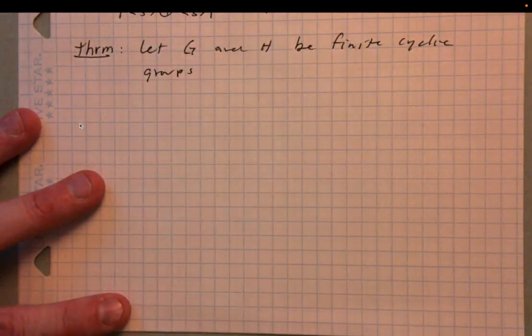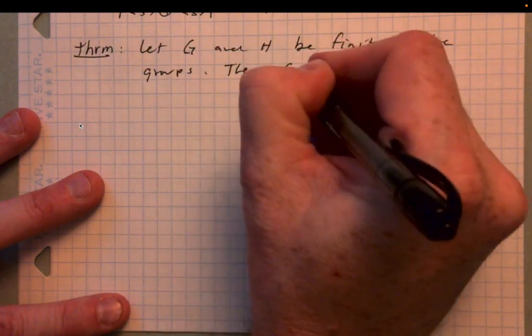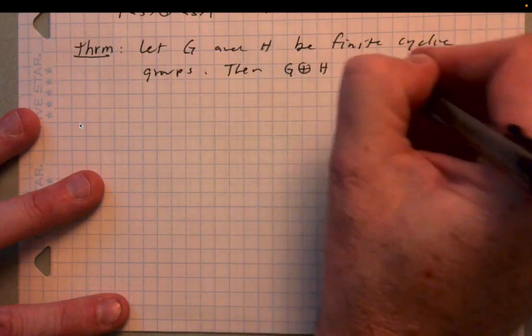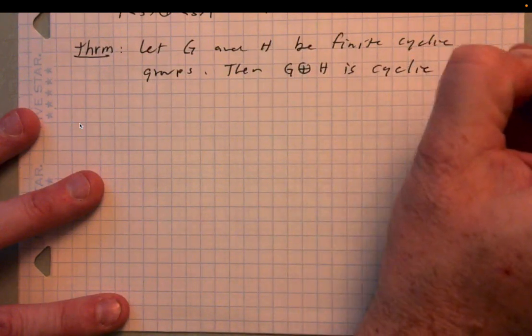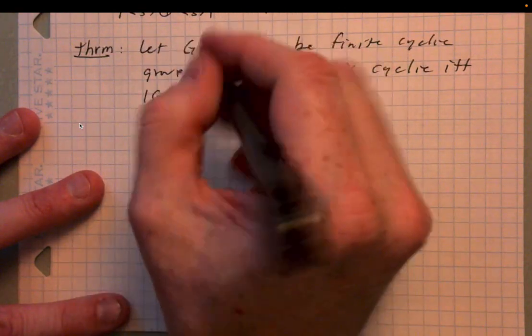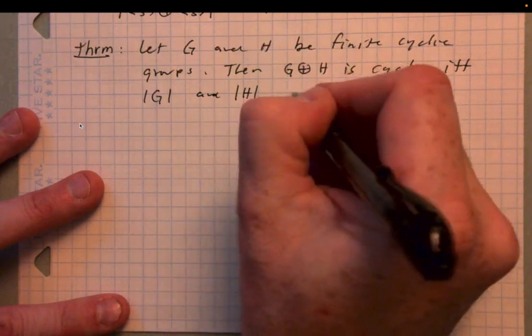Right, finite cyclic groups. Then the external direct product of G and H is cyclic if and only if the order of G and the order of H are relatively prime.